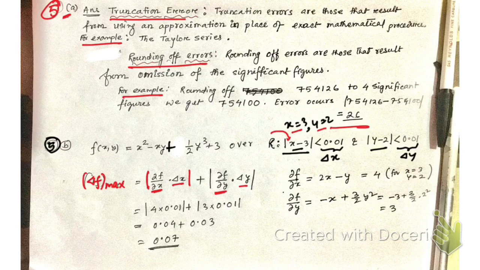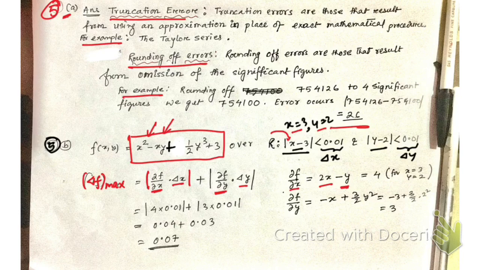So if you differentiate this with respect to x partially, then you have to consider y as a constant. Then in that case, this x square is going to be twice x, then minus xy. If you differentiate it, it's going to give you minus y, because derivative of x is 1. And here you see there is no x, so that's going to be 0. 3 is also going to be 0 on differentiating.